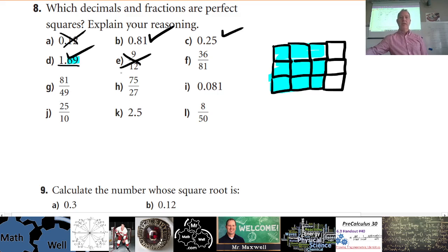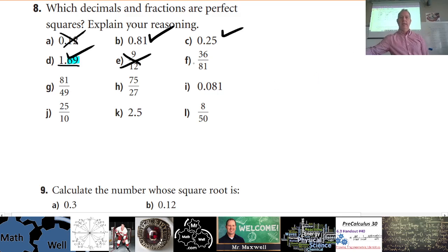H. All right. Ooh, 75 over 27. That looks nasty. Yeah, let's do that one. So 75 over 27. Now these are not perfect squares for sure. But can I reduce this fraction? I can, yeah, because I can divide both these by 3. So if I divide by 3, both top and bottom, I get 25.